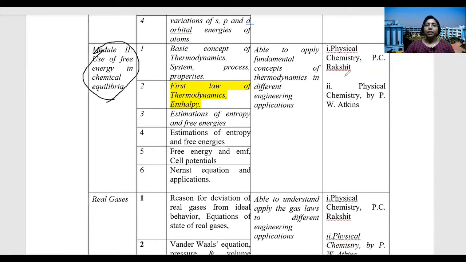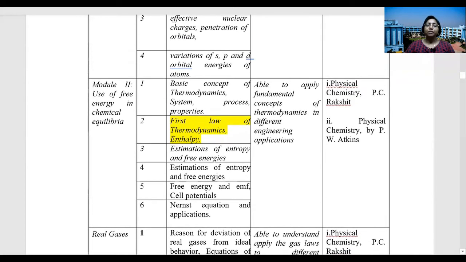Already in the first lecture you have learned the basic concepts of thermodynamics: system, process, properties. You have learned what thermodynamics is, its applications, and different systems like the open system, closed system, and isolated system.